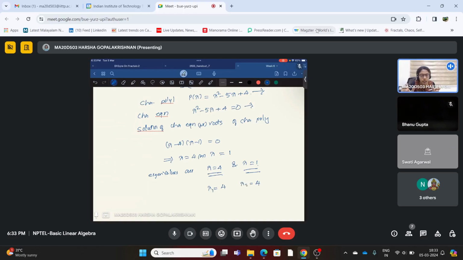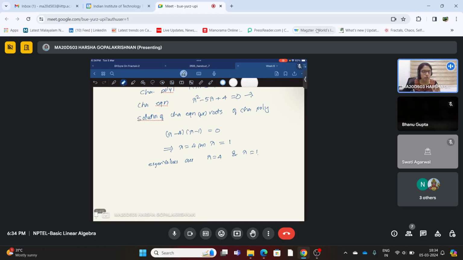I need to find the null space of A minus lambda I, then only I can say. But if all the eigenvalues are distinct, if an n by n matrix has n distinct eigenvalues, at that time we can say it is diagonalizable.